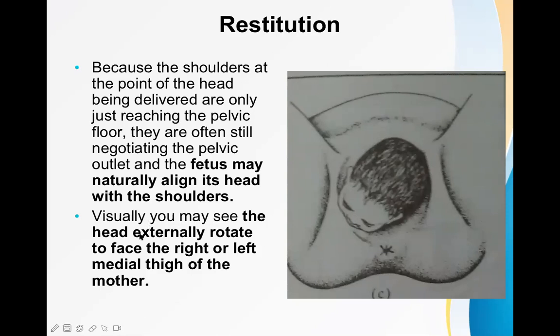Visually, you may see the head externally rotate to face the right or left medial thigh of the mother. So here is the thigh of the mother. Okay, this is the medial part of the thigh. So the head is facing the right or left medial thigh of the mother. So see there, if this is the left side here, the occiput is facing the left in this condition.